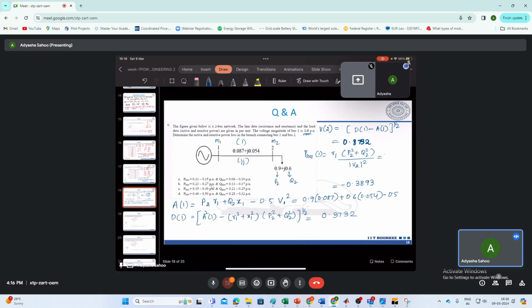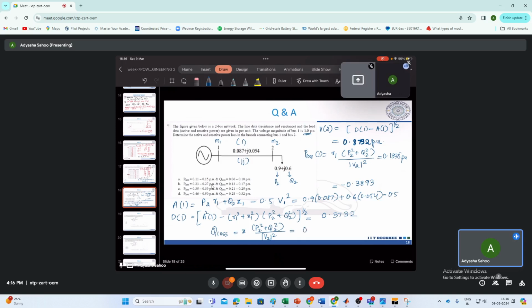So I get it as 0.1335 per unit. All these are in per unit. And Q loss is X into this quantity, P2 square plus Q2 square divided by V2 square. So I just need to change X, which is 0.54.